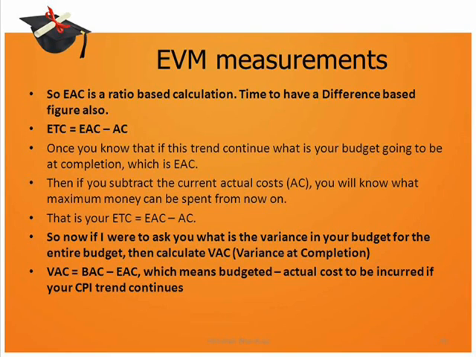So VAC is equal to BAC, which was your original budget, minus EAC, which is the new approved budget by the sponsor, which is higher than your older budget based on the trend that you are having, which shows that you are over budgeted. If VAC is negative, it obviously means that your new budget is more than your older budget. And if EAC is less, that means that in terms of costs you are doing well.